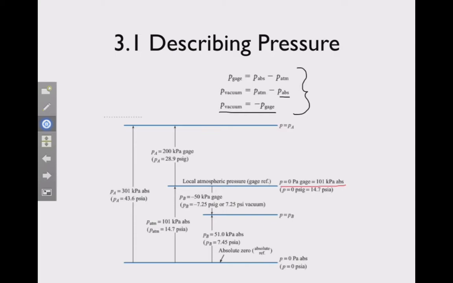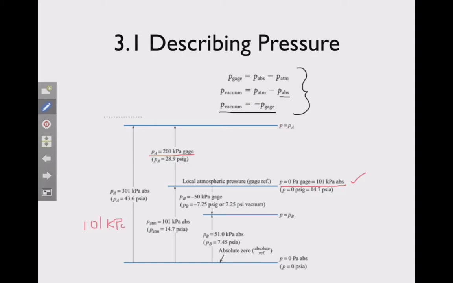So if we had a situation where we had a tank of air or something that we pressurized to 200 kilopascals above atmospheric pressure, that would be 200 kilopascals gauge, and it would be 200 kilopascals above this point here. But note that it actually is 301 kilopascals absolute, because we have 101 kilopascals up to this point, and then an additional 200 kilopascals here.